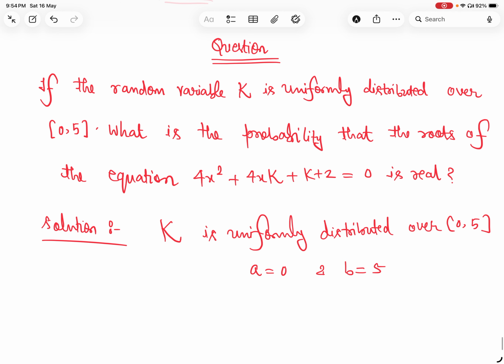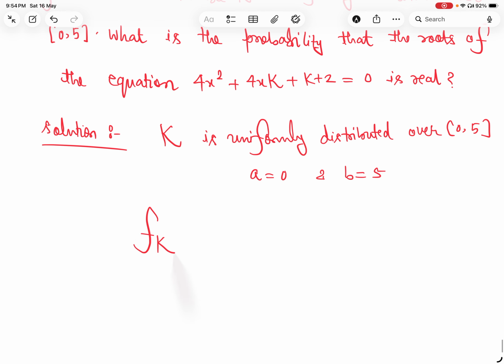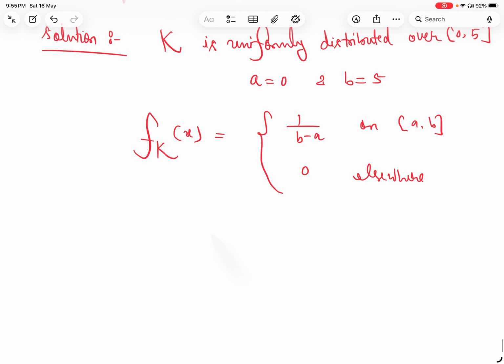What will the probability density function f_k(x) be? That is 1 upon (b minus a) on the closed interval [a, b], and 0 elsewhere. Now a is 0 and b is 5, so this will be 1 upon 5 on the closed interval [0, 5], and 0 elsewhere.